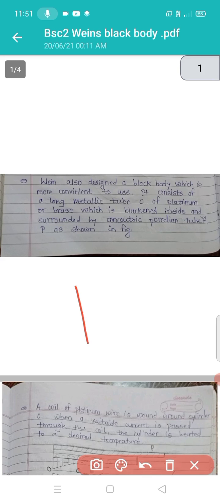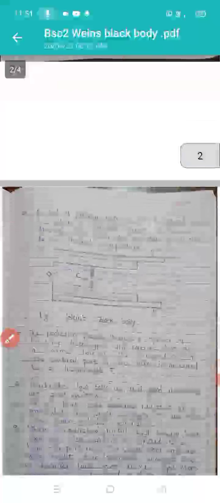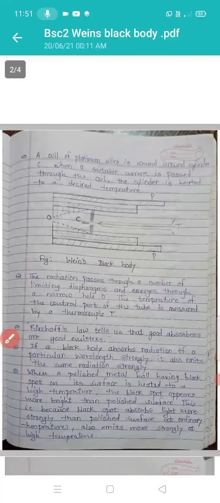There is a small slit through which the radiation is incident into a porcelain tube. See, in the construction of Wien's black body, how is it constructed?